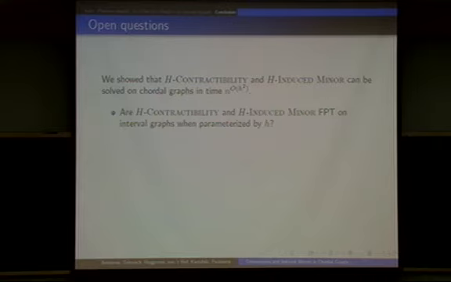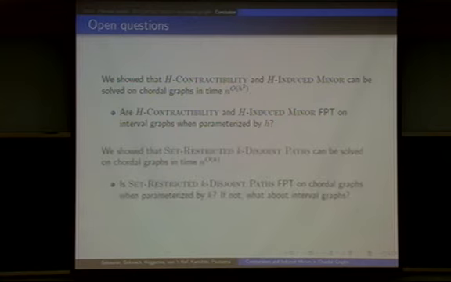And you would also need to get rid of the fact that we have n to the k time for the disjoint paths, and can you get FPT running time parameterized by the number of terminals? On chordal graphs it could still be true actually, or even on interval graphs. I don't know if it's a good way to do it, but maybe try to get rid of the part where we guess the boundaries, and then try to solve this in FPT time. Hopefully you could solve the whole thing in FPT time.